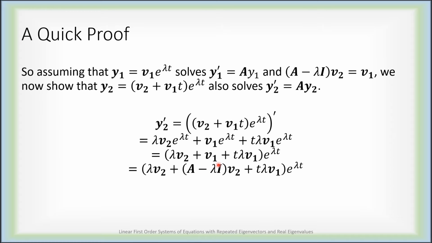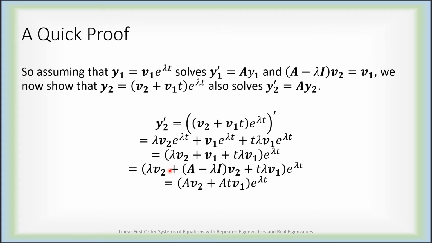Now, v1 was assumed to be (A minus lambda I) v2. So replace this v1 with (A minus lambda I) v2. Now we can do some simplification inside these parentheses. Here, if I distribute this out, we get A v2 minus lambda v2, which cancels this lambda v2.